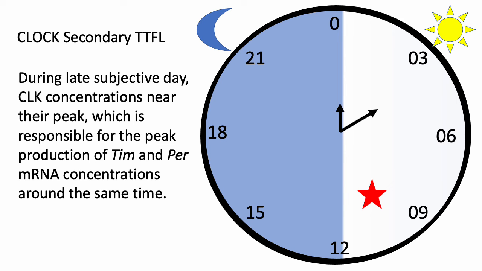And so this is what's responsible for the positive feedback loop of the secondary loop, the positive arm. And this is responsible for the peak production of timeless and period mRNA concentrations, which, as we saw before, occur right around the same time.